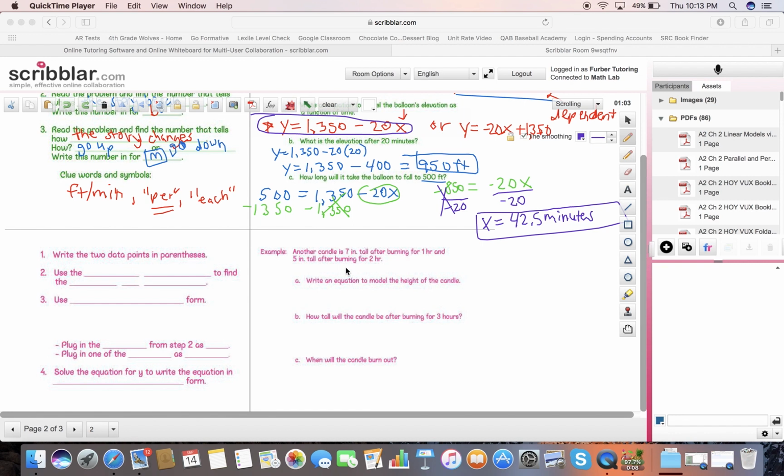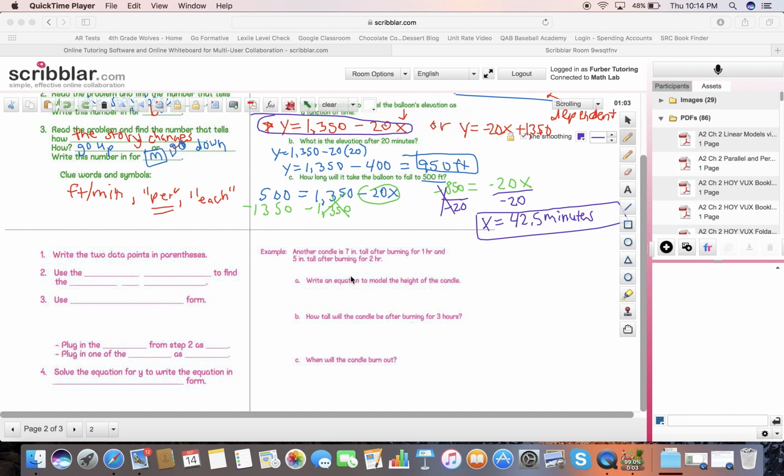It starts by telling us immediately how tall it is after already burning for 1 hour, and then it goes on to say how tall it is after burning for 2 hours, but it doesn't tell us how tall it was prior to burning. So we have no way of knowing in that 1 hour how far that candle burned down.